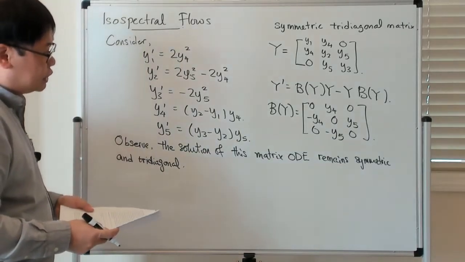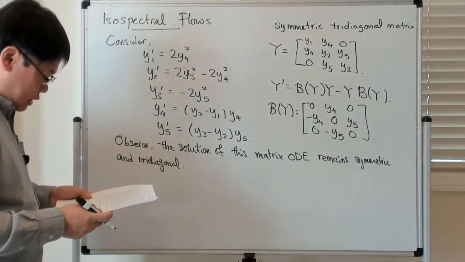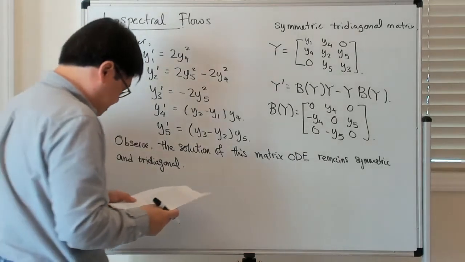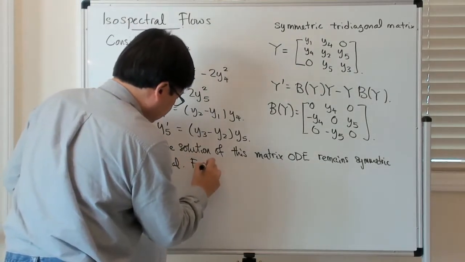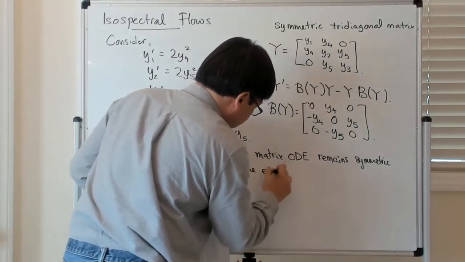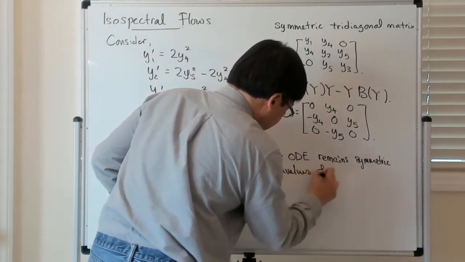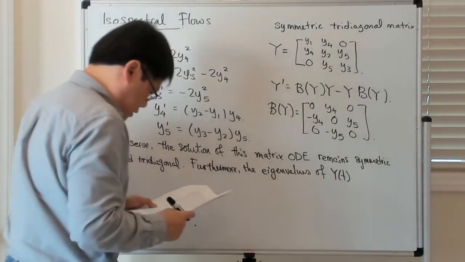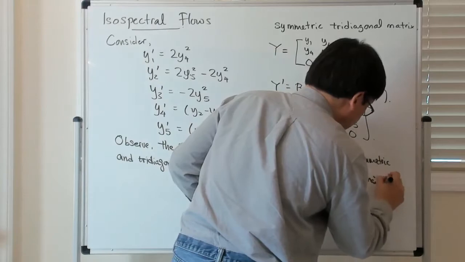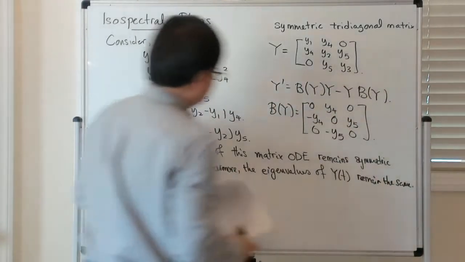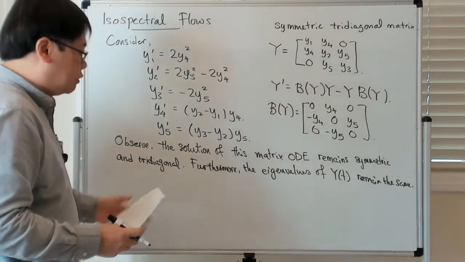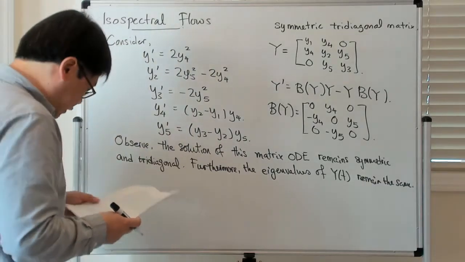And what's perhaps even more interesting is that it turns out that the solution has the property that the eigenvalues of the solution stay the same as well. Furthermore, the eigenvalues of y as a function of t remain the same. Okay, so this is what we mean in some sense by isospectral flows, that the spectrum of this matrix valued function y stays the same.